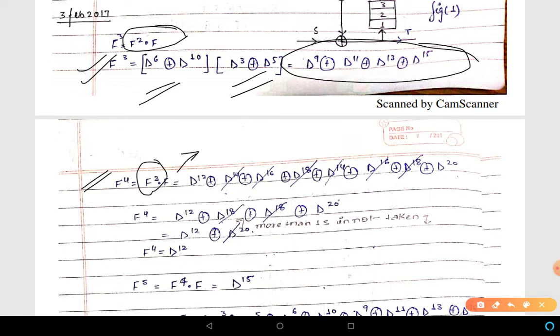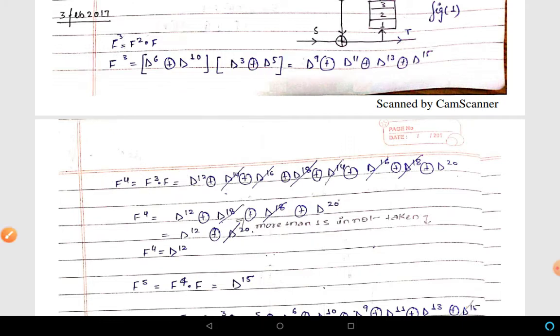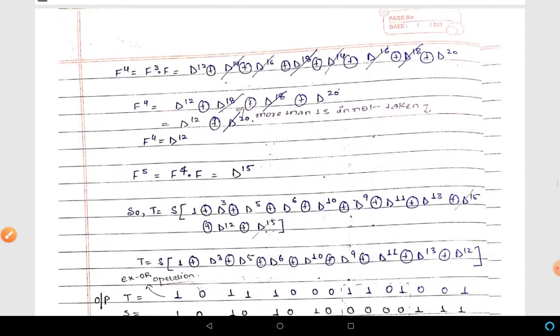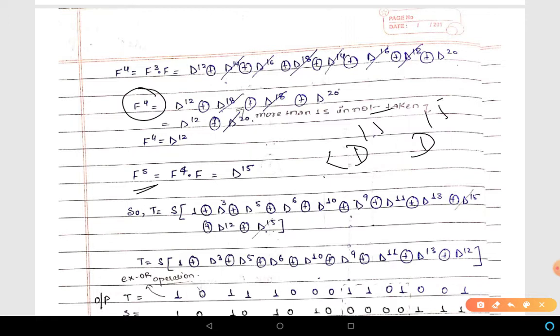We'll put the value, cancel the similar terms because of modular 2 addition, and then we get f4. Similarly, we'll keep doing this, and we keep terms which are less than d15, and we will ignore all the terms which are more than d15.